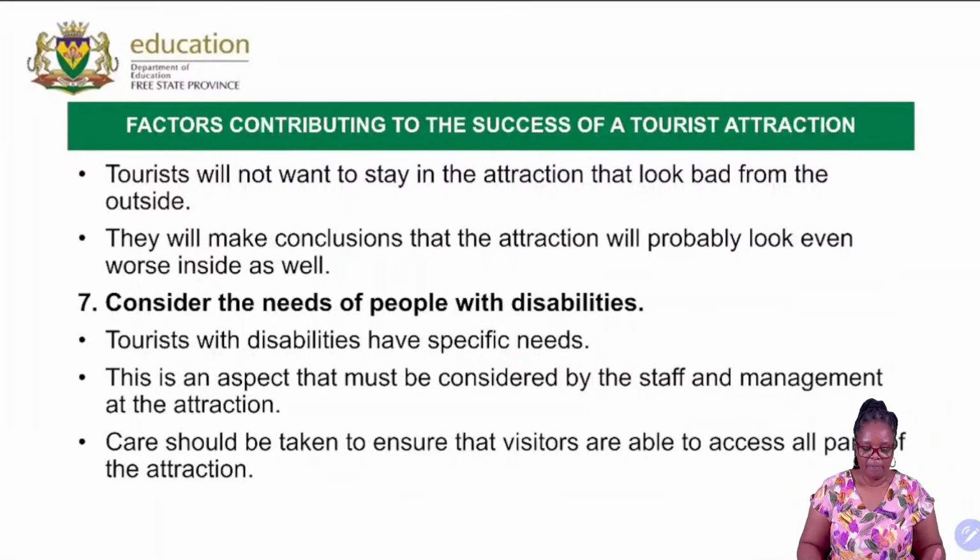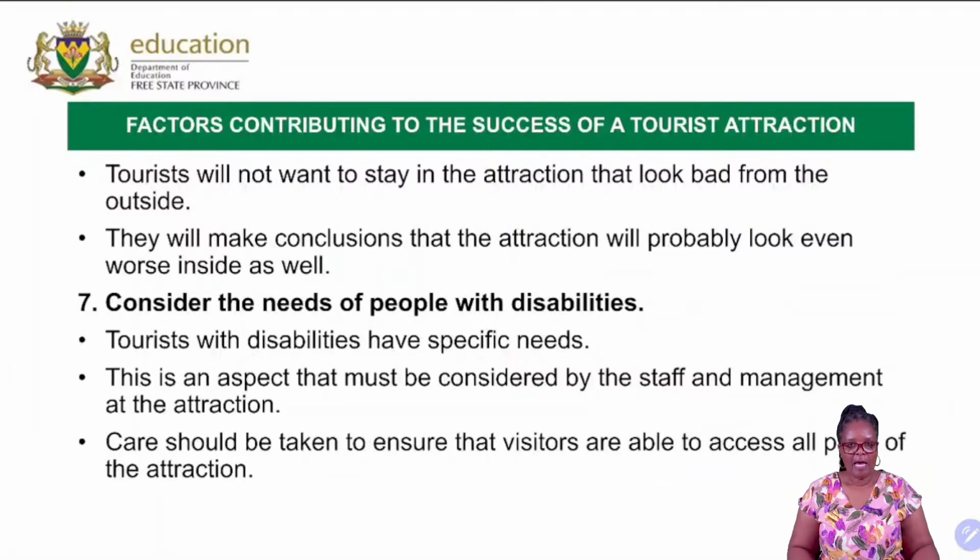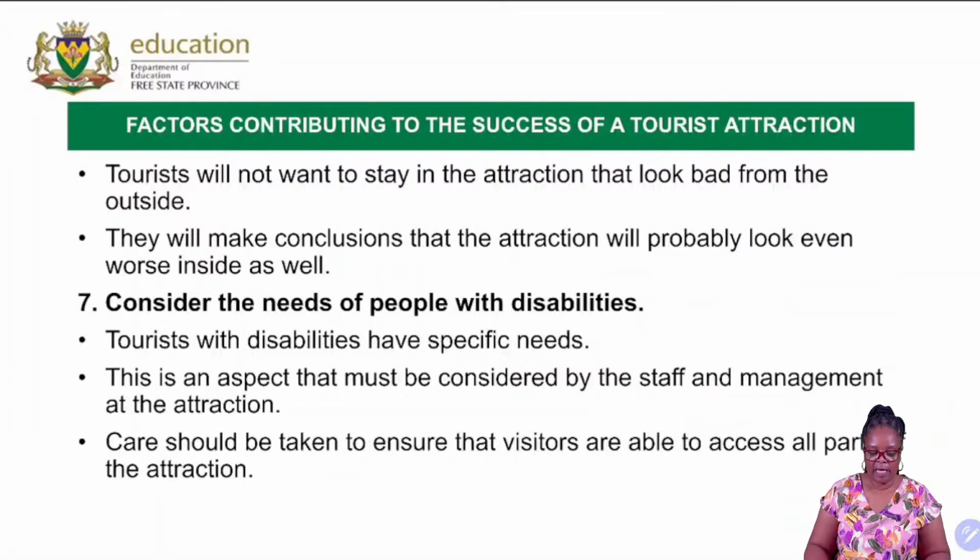On this one, the staff and the management have to make sure that they practice this. They need to make sure that they cater for the needs of all people, not excluding those with disabilities. And the care should be taken to ensure that visitors are able to access all parts of the attraction.